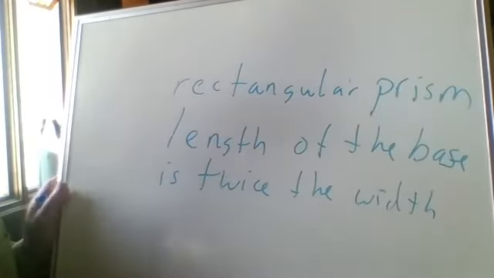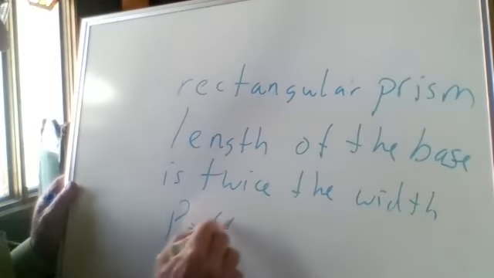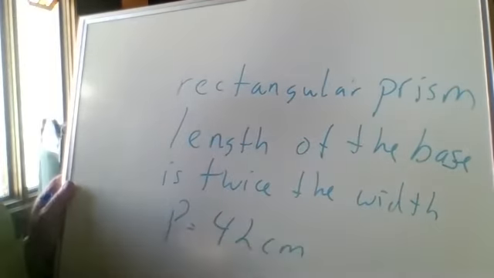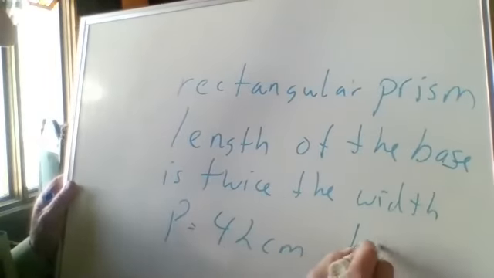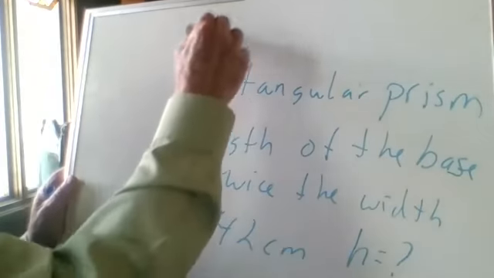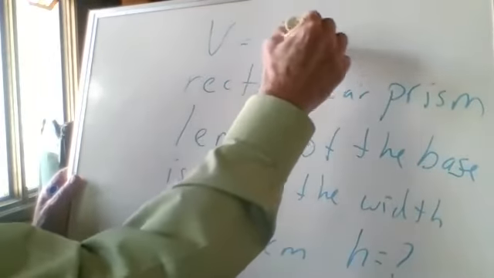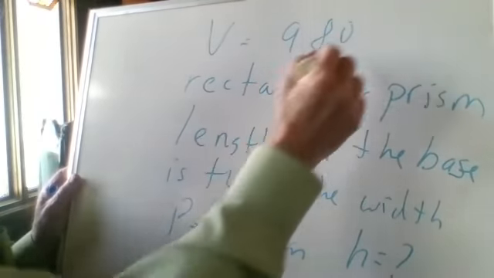The perimeter of the base is 42 centimeters. We want to find the height of the prism if the volume is 980 centimeters cubed.